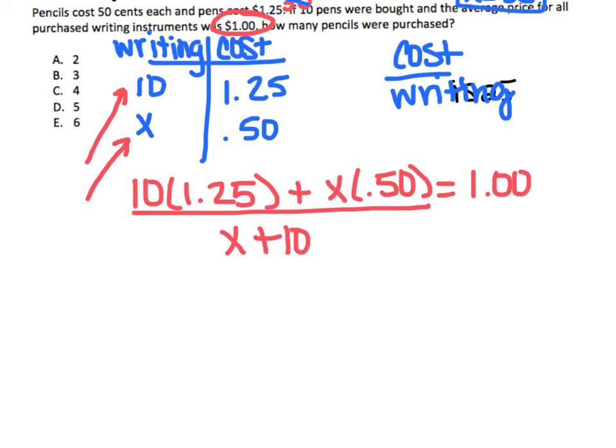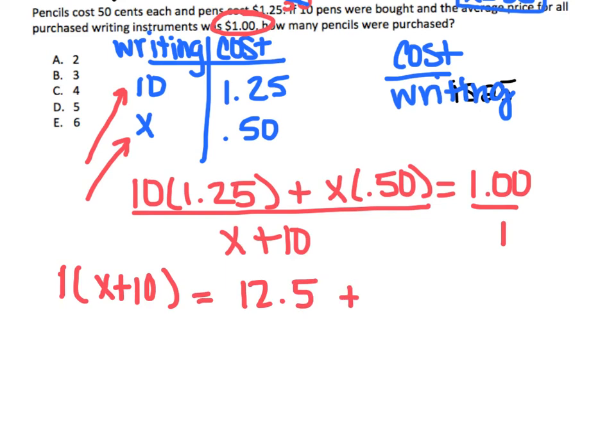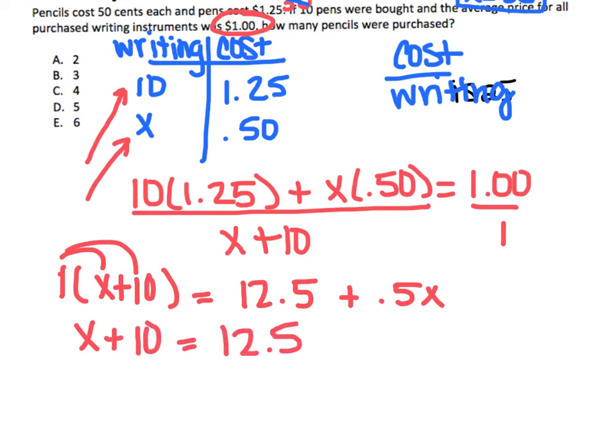Okay, hang in there, we're almost done. So we're going to cross multiply. So I have 1 times x plus 10 equals 12.5 plus 0.5x. So distribute the 1. And I'll just continue solving.